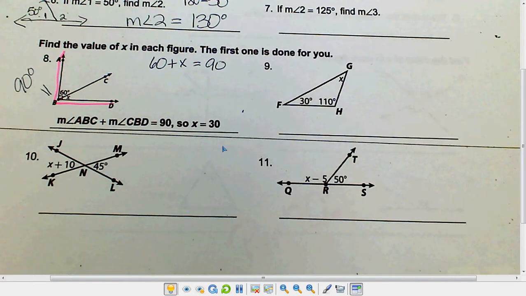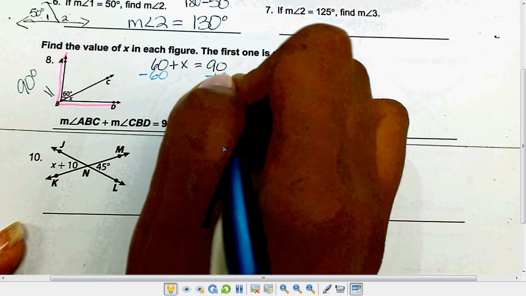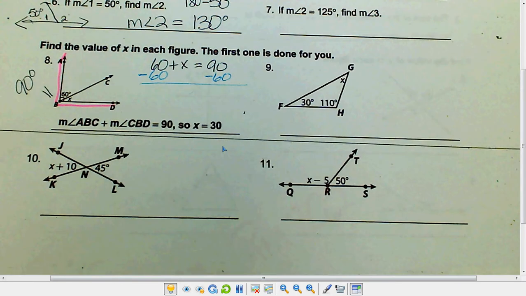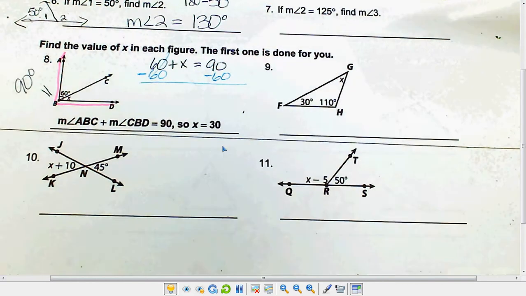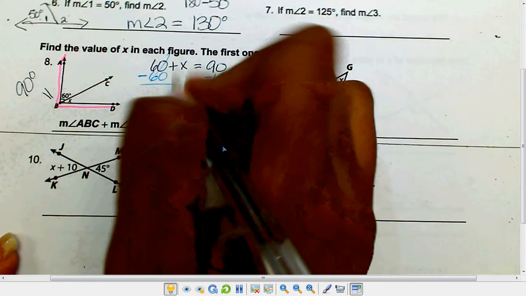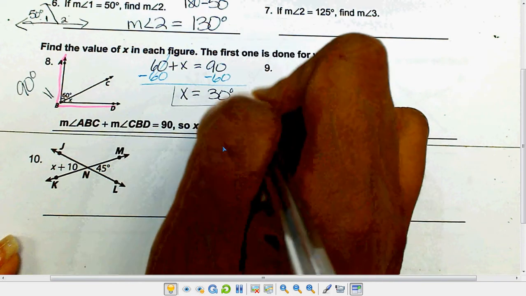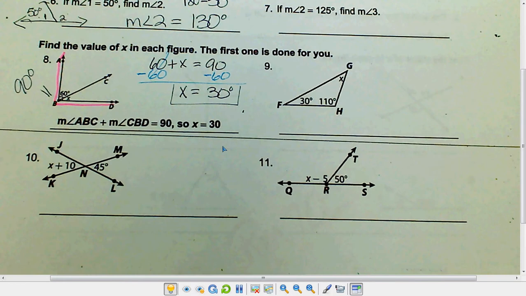And we know to solve this equation, I'd have to isolate the variable. So that means I would have to subtract 60 from both sides of my equation. So those 60s will cancel, and that's how I'm left with x equals 30 degrees. Okay, simple, huh?